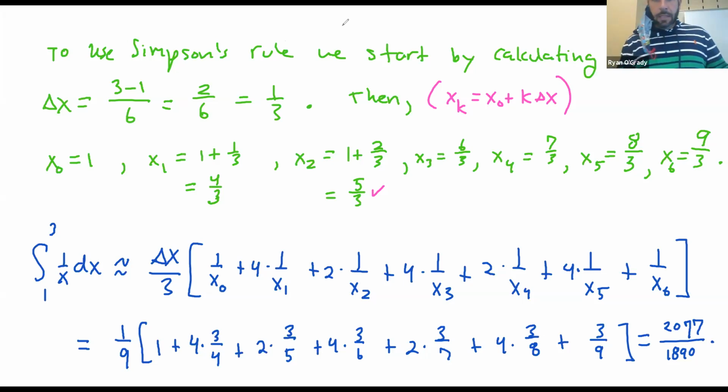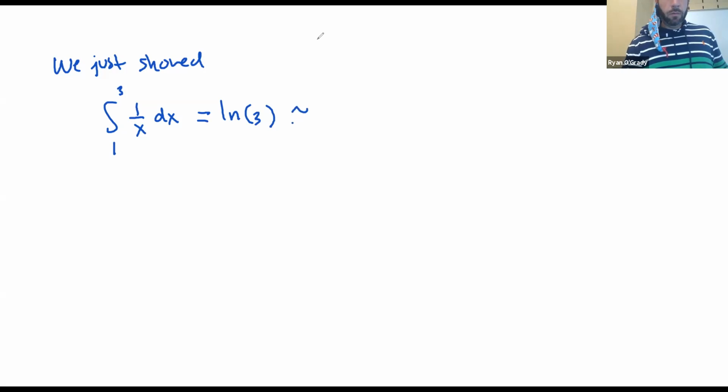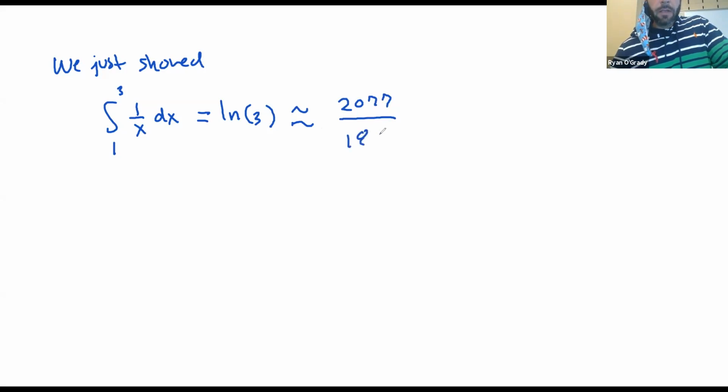So here's some fascinating stuff we just discovered. Here's what we just learned. We just showed that the integral of 1 over x from 1 to 3, which we know is equal to the natural log of 3, is approximately, if we give a rational approximation, 2077 divided by 1890.